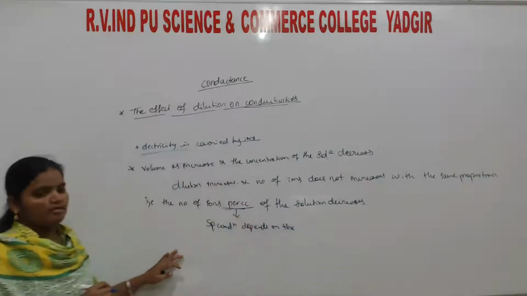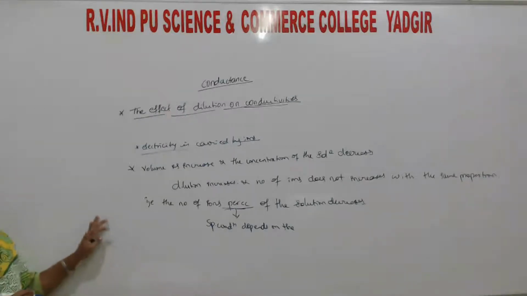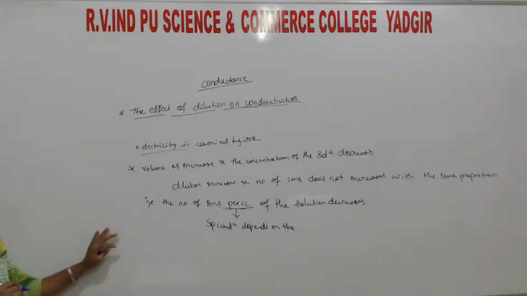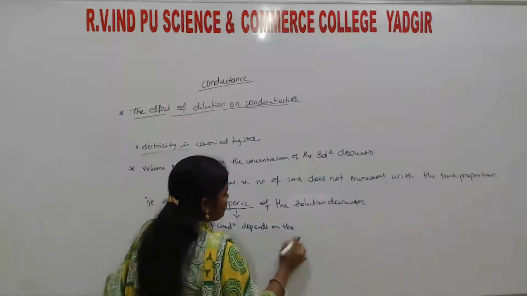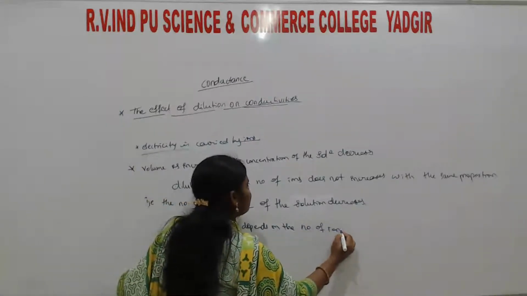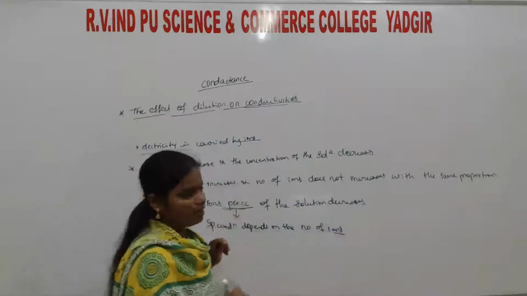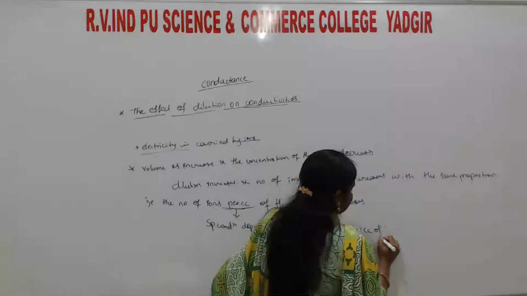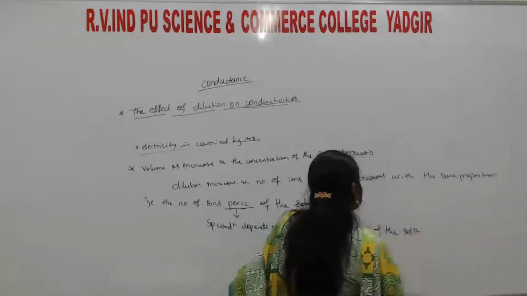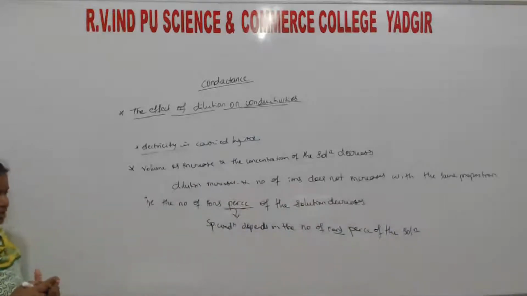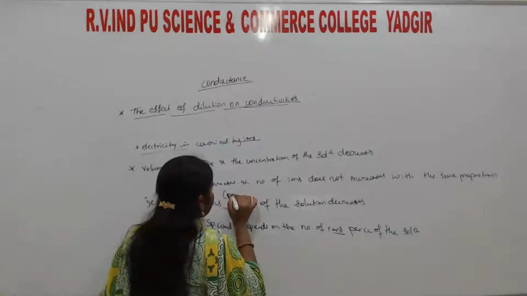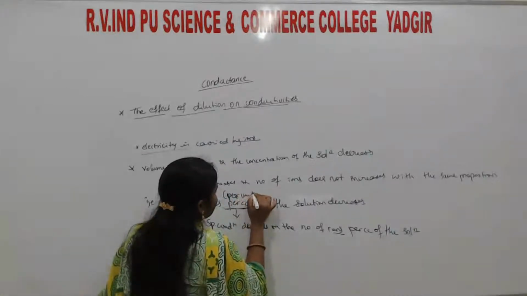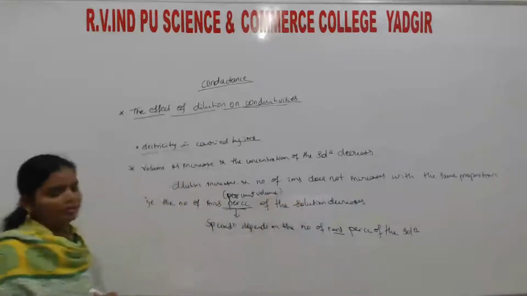The specific conductance depends on the number of ions present per cc of the solution, or per unit volume.